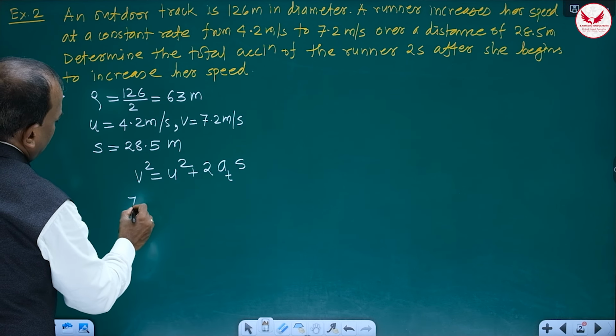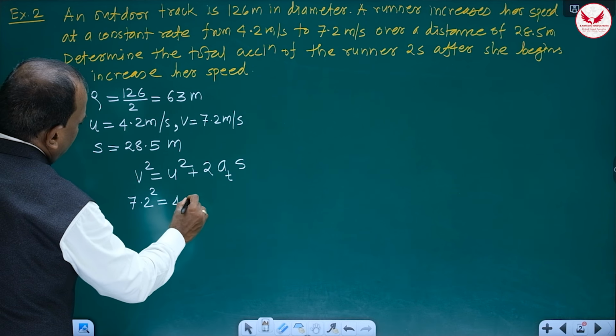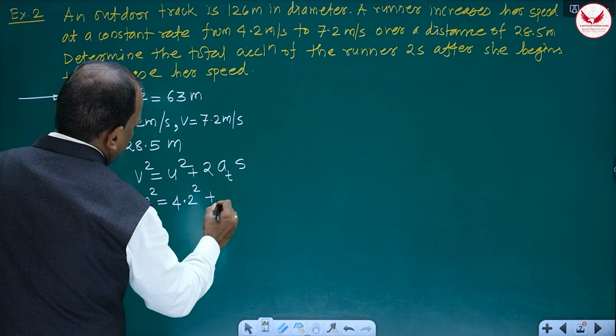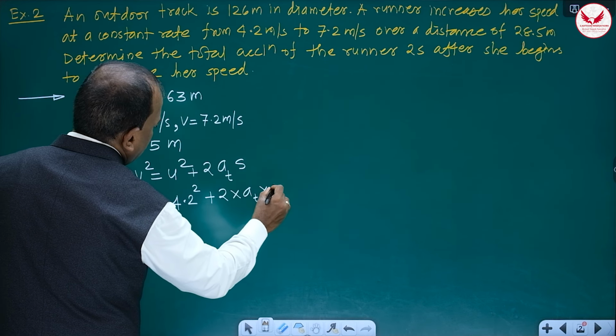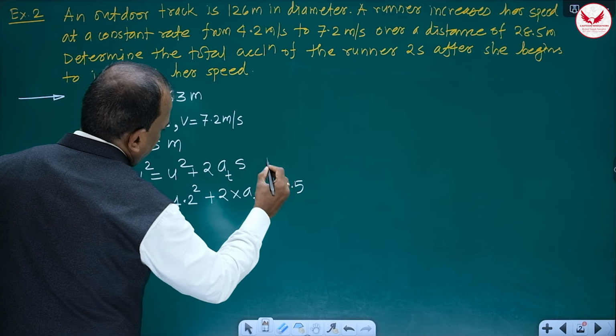V square, 7.2 square, is equal to 4.2 square plus 2 into a_t into 28.5.